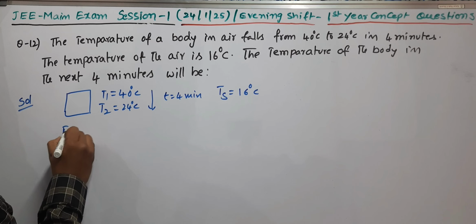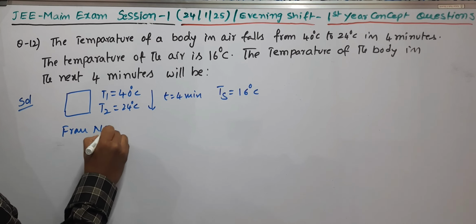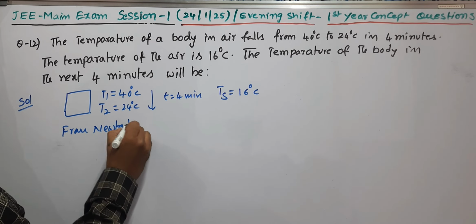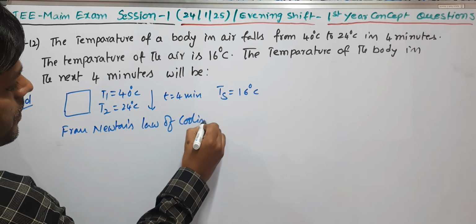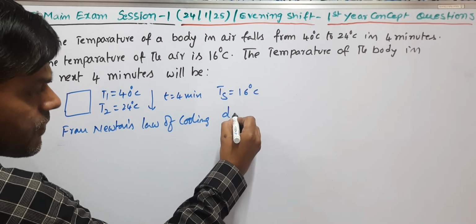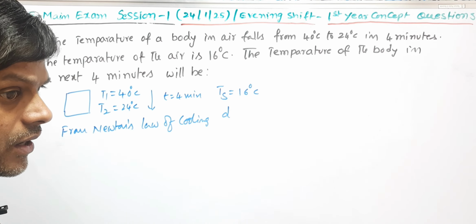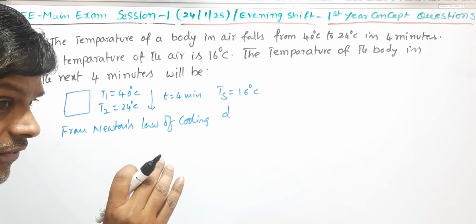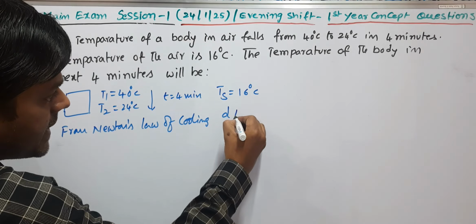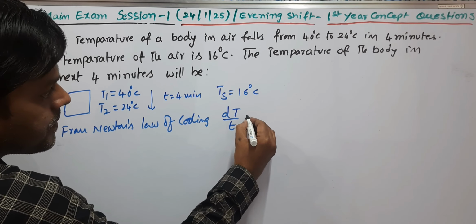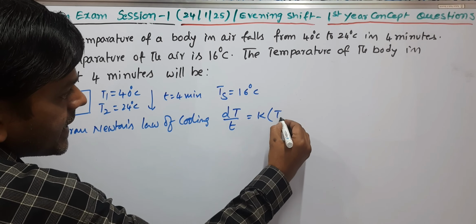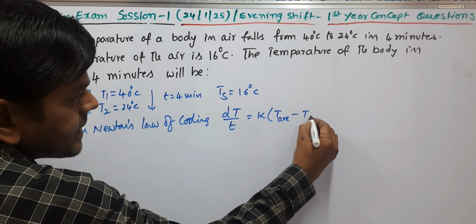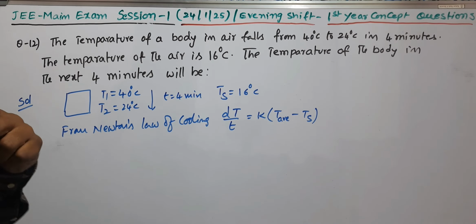From Newton's law of cooling, the rate of cooling, dT by t, is equal to K into (T average minus Ts), where Ts is the surrounding temperature.